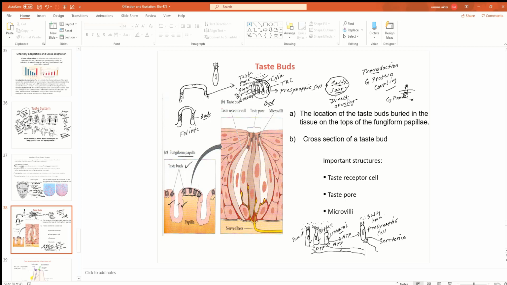Okay. So you see that these are the cranial nerve fibers. Cranial nerve fibers will take the signal towards the brain. Okay, so that's how that action potential is transmitted to the brain.